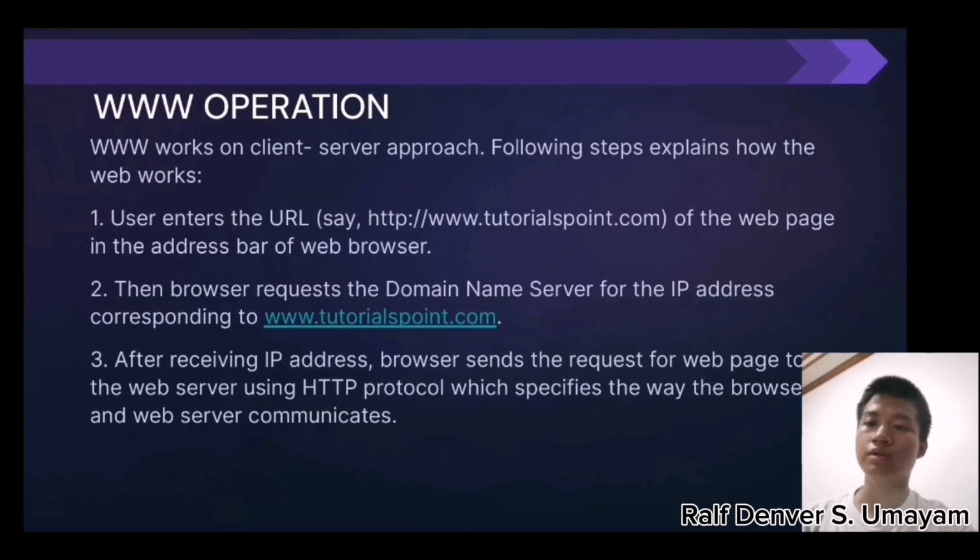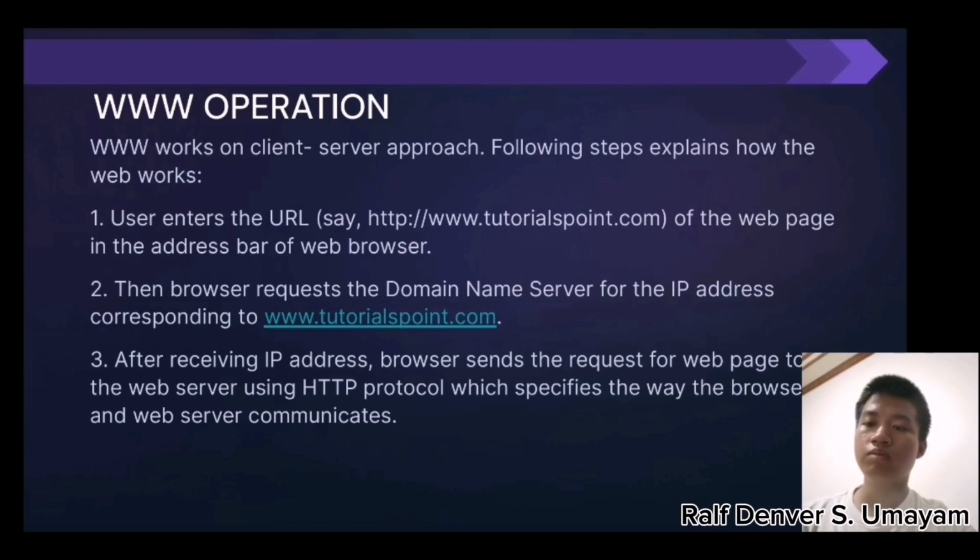WWW operation. The WWW works on a client-server approach. The following steps explain how the web works. Number 1: users enter the URL, say http://www.tutorialspoint.com, of the web page in the address bar of the web browser.